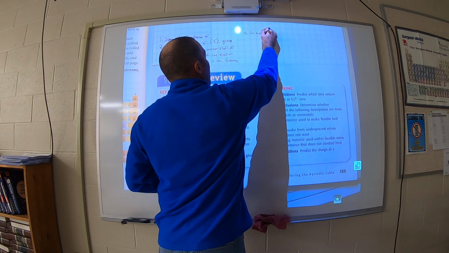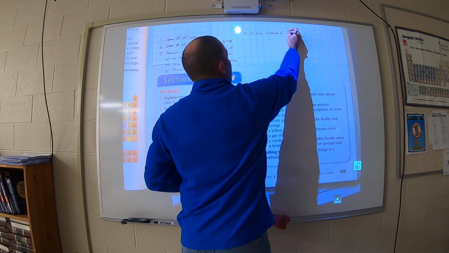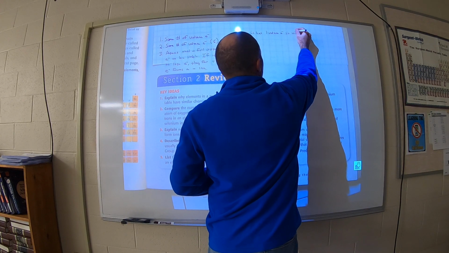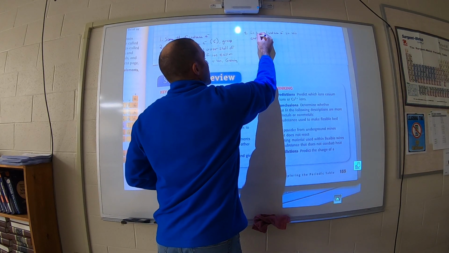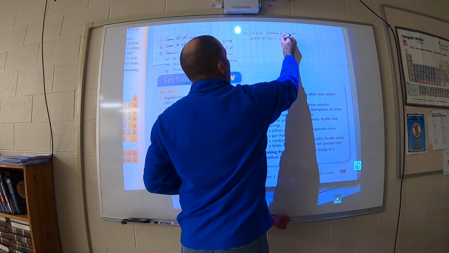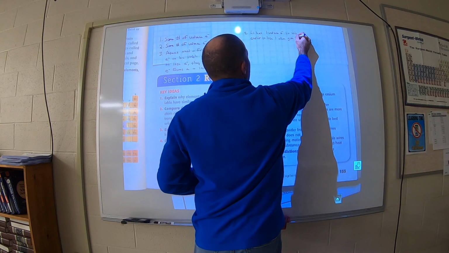Li has 1 valence electron, so it's easier to lose 1 than gain 7.